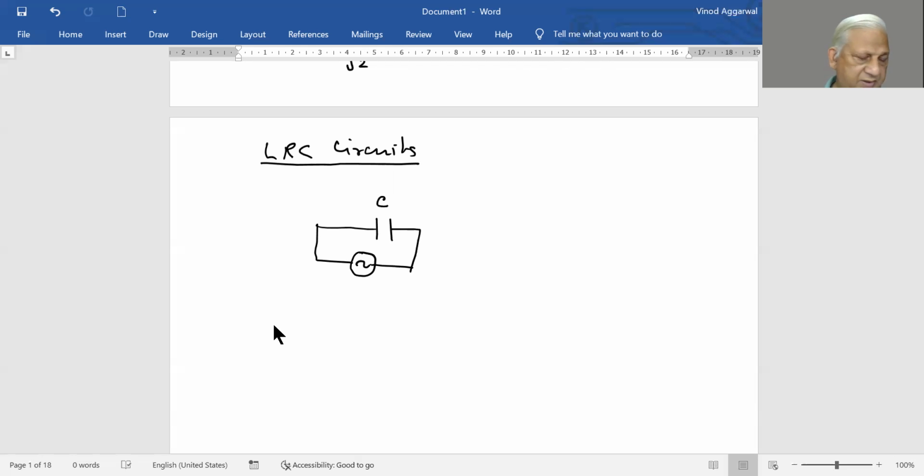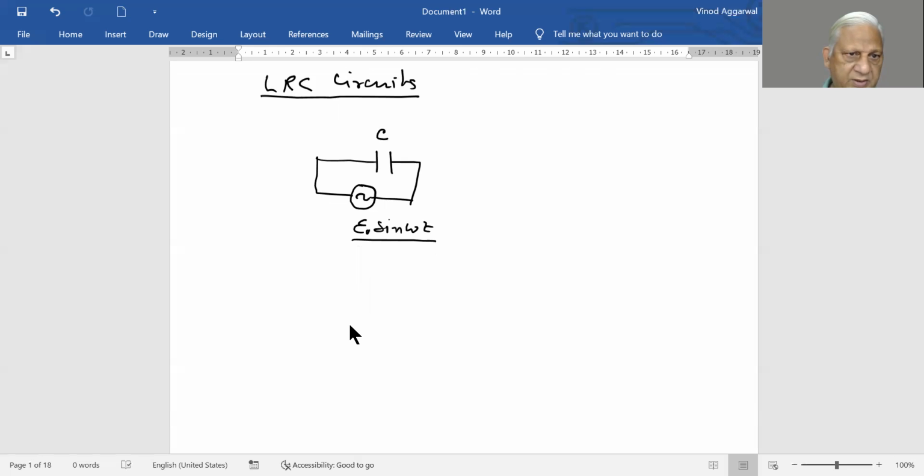This is a capacitor, and this is our power source, which has a value varying with time. Okay.